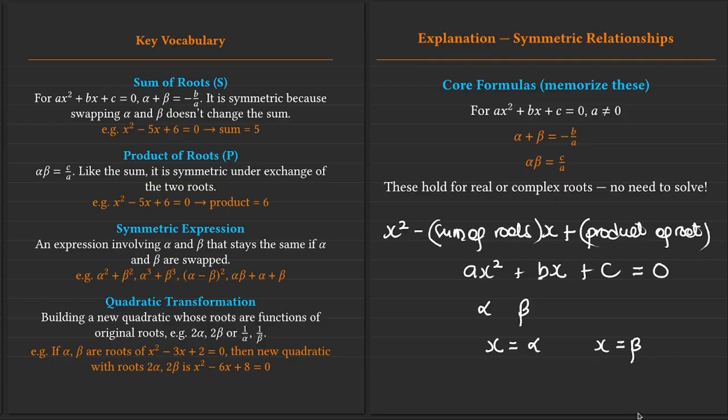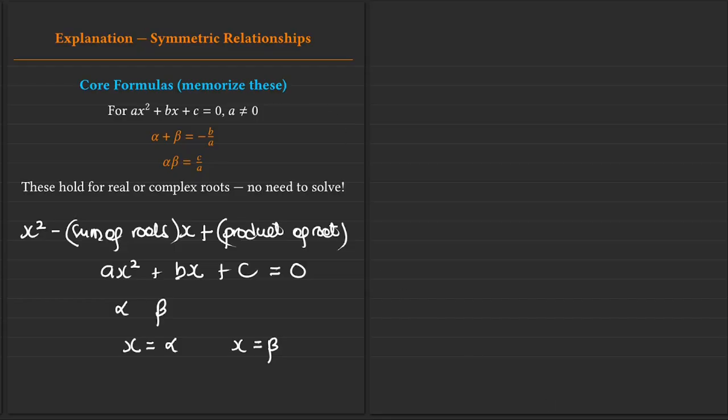Now what we want to do is gradually derive our equation from these roots. With that, what I mean is, instead of x is equal to alpha and x is equal to beta, we would have written it as x minus alpha is equal to 0, then x minus beta is also equal to 0.